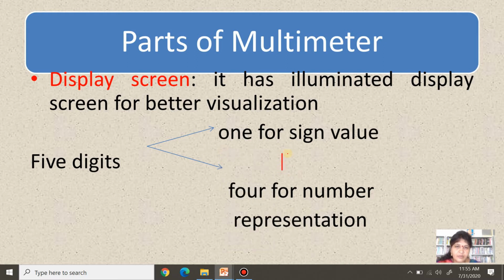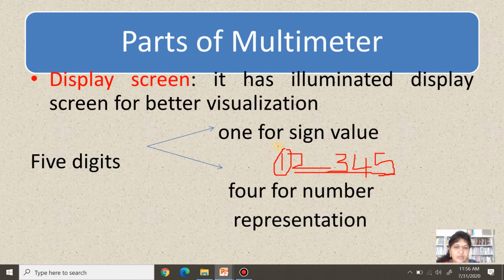Suppose we have 1, 2, 3, 4, 5. The first digit is used to explain the positive or negative value, and the remaining four, that is 2, 3, 4, 5, are used for the representation of numbers.